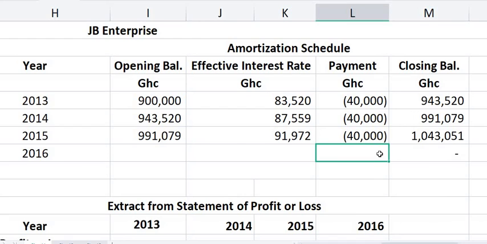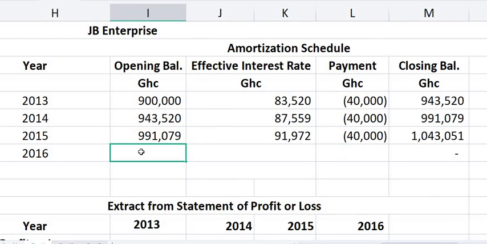So you realize that with the amortization schedule, regardless of its position, whether it is financial asset or financial liability, the amortization schedule is the same, but just the meaning to the figures is what makes the difference, right? Let's get this straight.